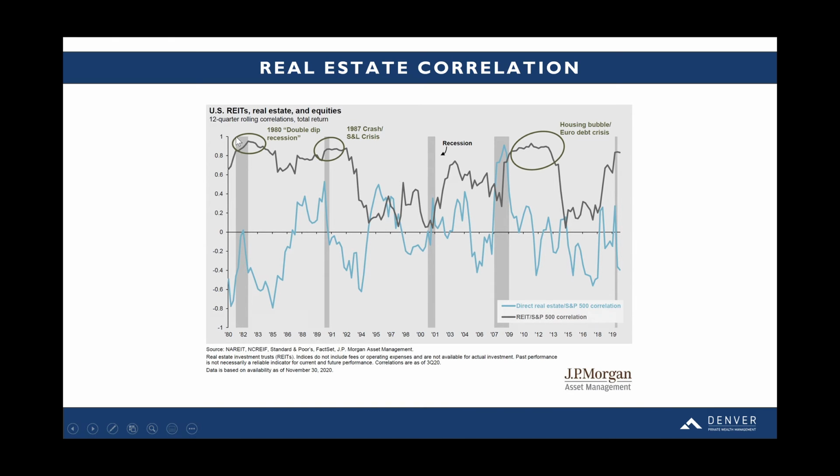And what this graph is showing: the gray line can be publicly traded REITs, or real estate, and the blue line is going to be direct real estate, or private real estate. The 1 to -1 here dictates the correlation. So a correlation of 1 would mean that it moves in perfect unison with, in this case, the S&P 500.